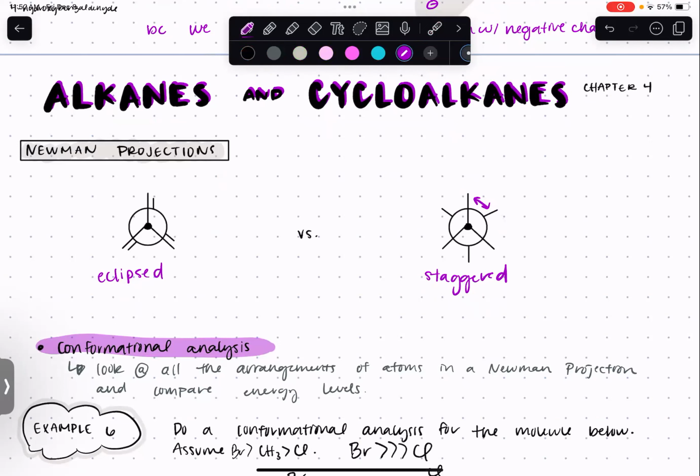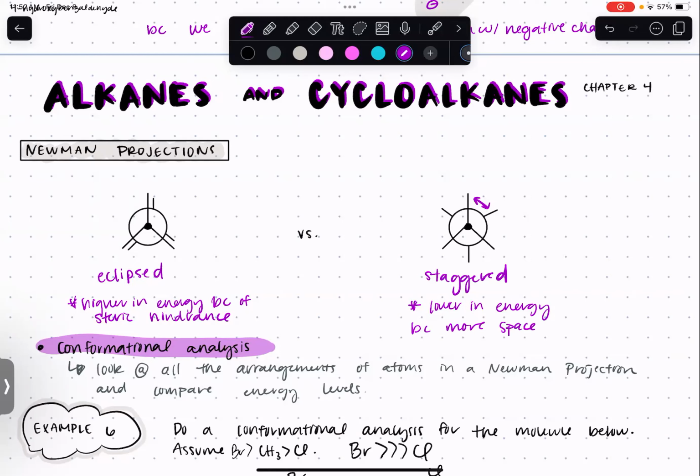The main thing is that eclipsed Newman projections are always going to be higher in energy, and that's because of steric hindrance. Opposite of that, staggered ones are always going to be lower in energy because they have more space.